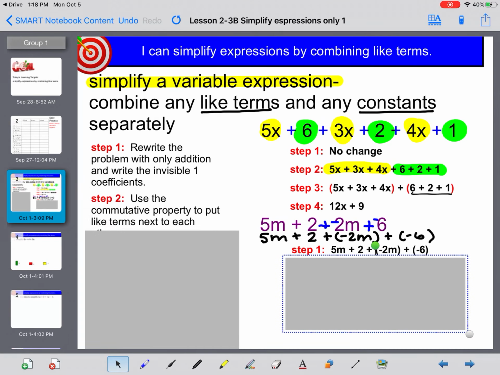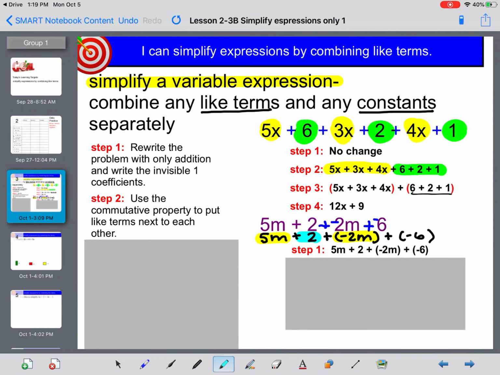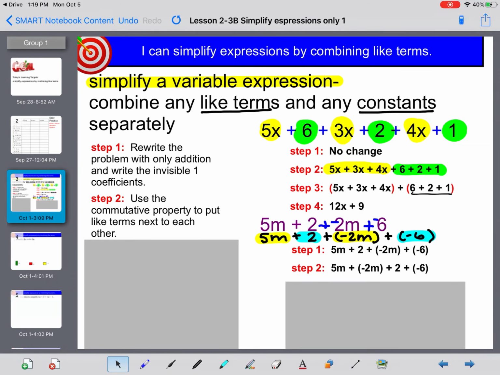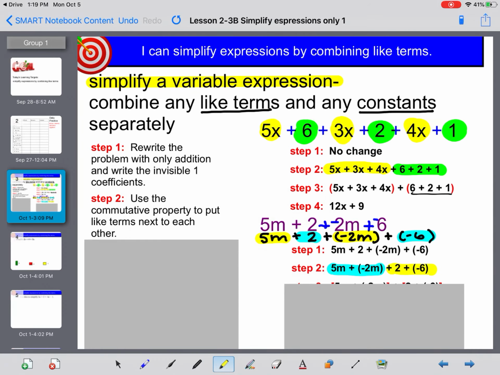Step 2, use the commutative property to put like terms by each other. 5m and negative 2m are like terms. Likewise, 2 and negative 6 are like terms. So the commutative property allows me to place those next to each other, as you can see here and here. Now the associative property allows me to group those together.